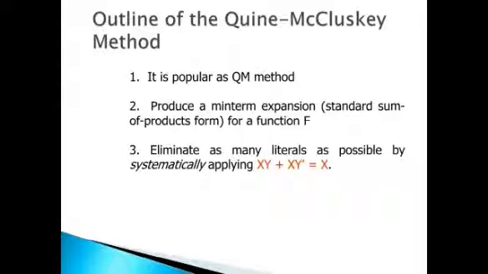It uses a prime implicant chart to select a minimum set of prime implicants that when ORed together produce the function F, and it contains a minimum number of literals also.